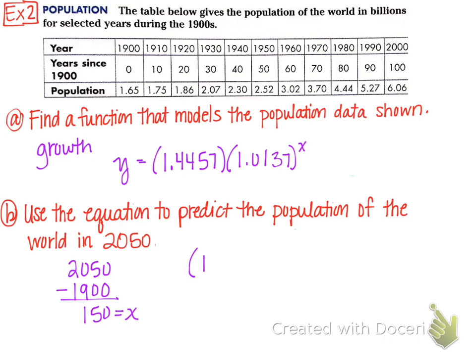So we have 1.4457 times 1.0137 to the power of 150. And type it in your calculator exactly like that. And we get 11.13, and I'm going to do 2 decimal places because that's what's in our chart, billion people.